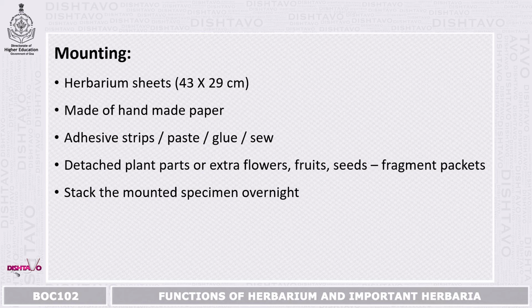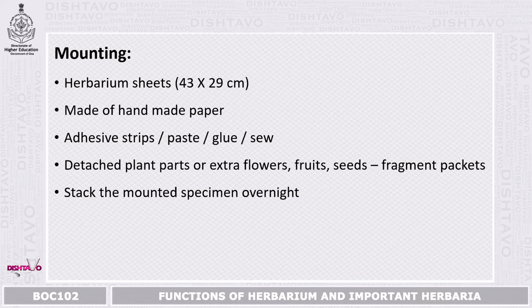After drying, the specimens are mounted on herbarium sheets which are approximately 43 by 29 centimeters, and the herbarium sheets are made up of handmade paper. Mounting is done by using either adhesive strips, paste, glue, or you can also stitch the specimen to the herbarium sheet.